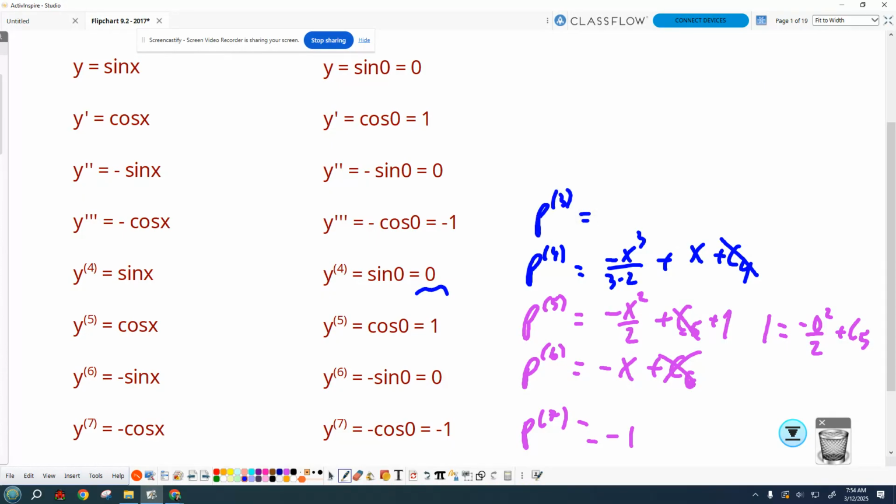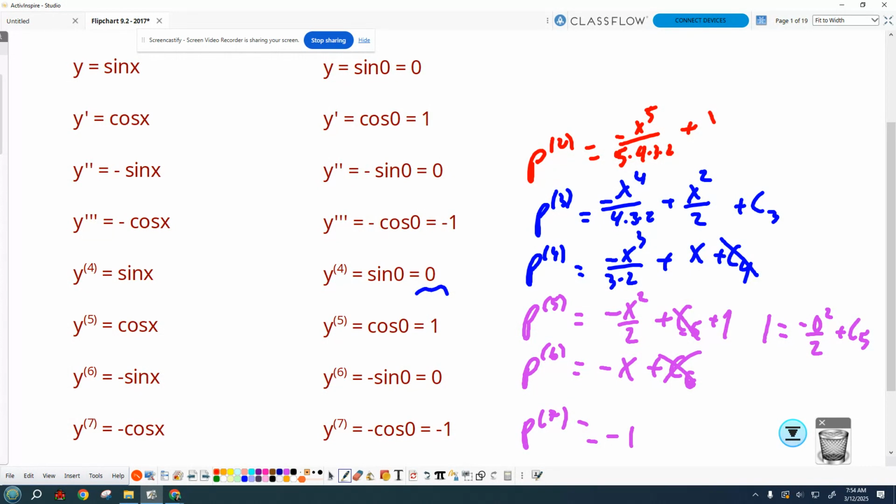Integrate, negative x to the 4th. Keep integrating. Raise the power. This c, plugging in the 0, zeros.